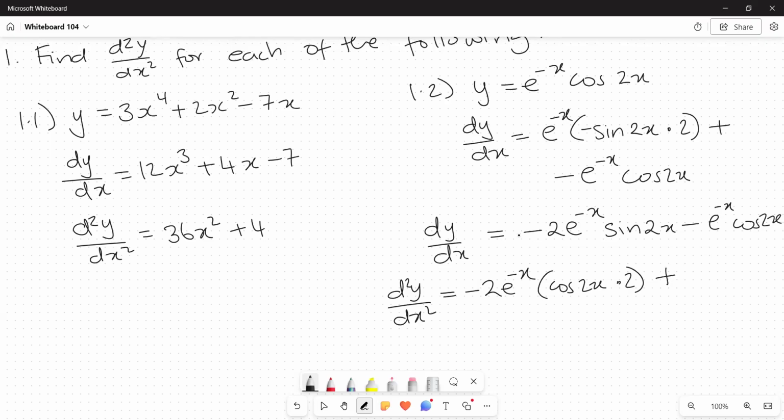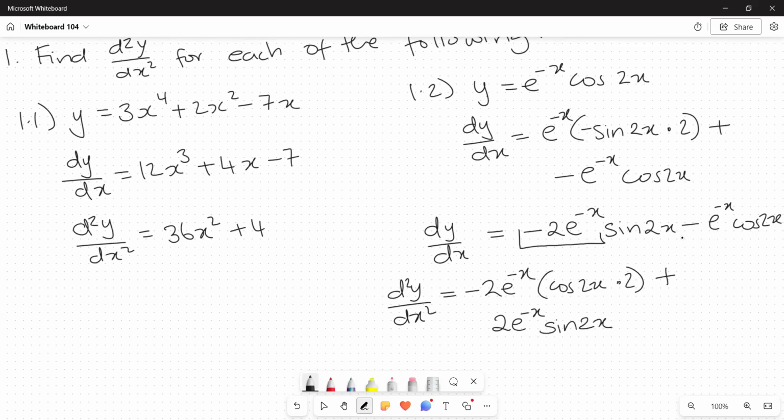So this is plus. So I'm looking at this as its own function. So now the derivative of this one, we have minus 2e to the power minus x. This minus will come down. So I will have 2e to the power minus x and sine 2x the way it is.